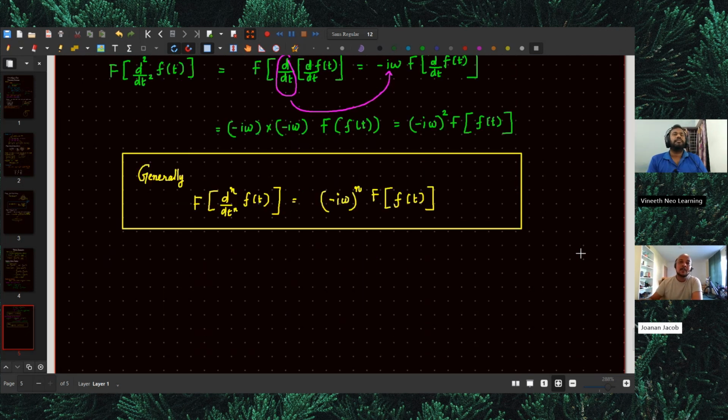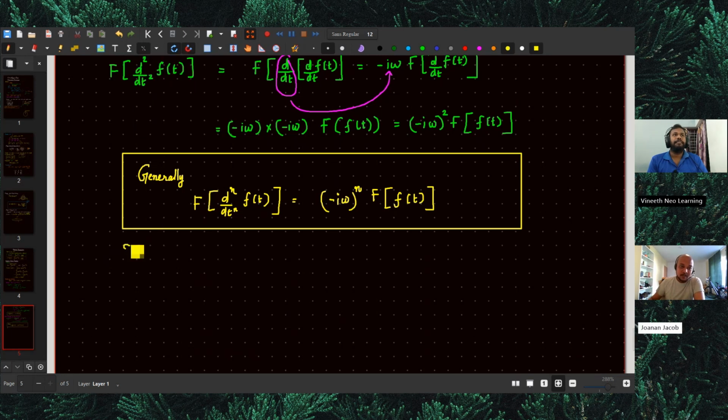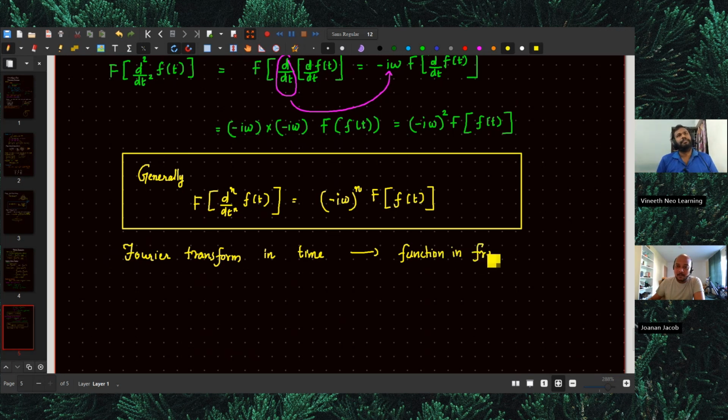The Fourier transform in time usually leads to a function in the frequency domain.